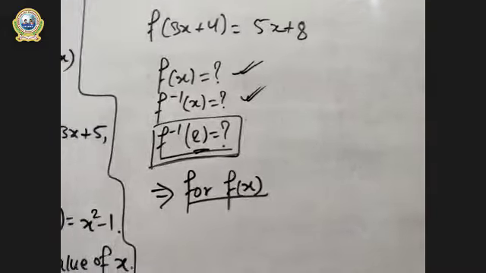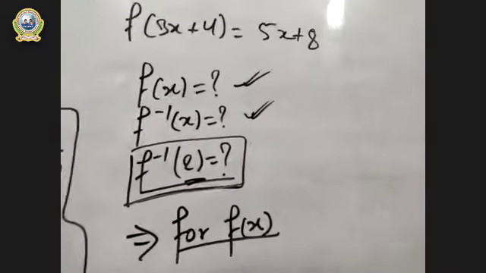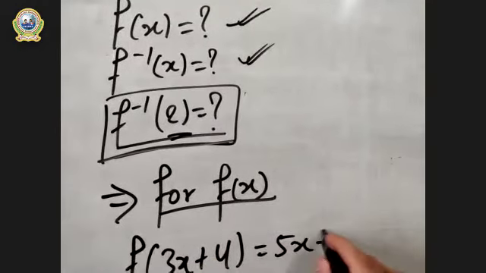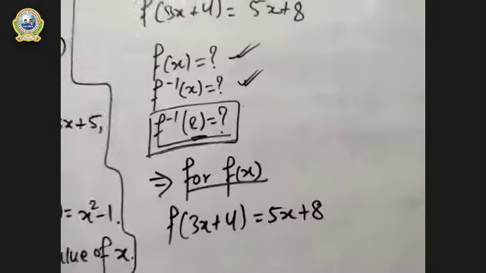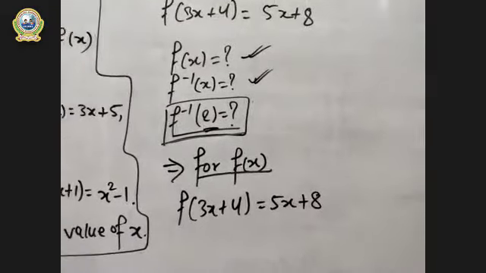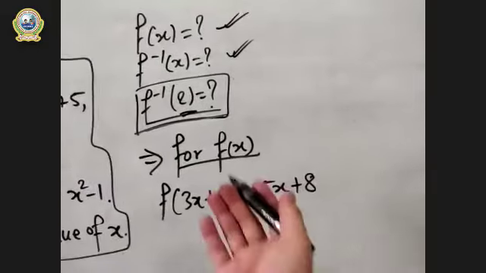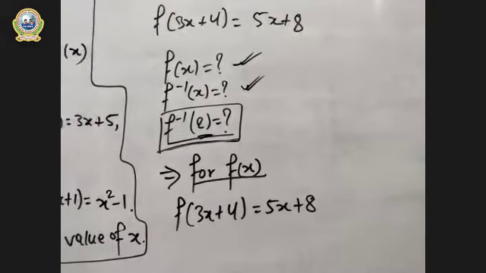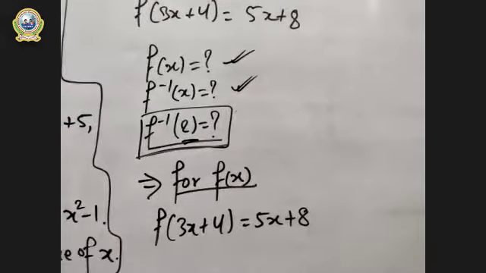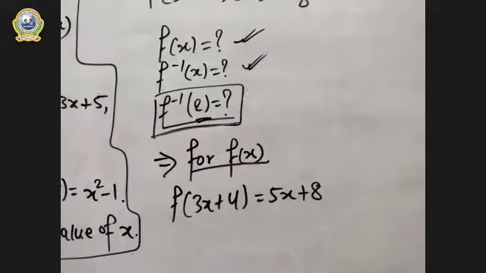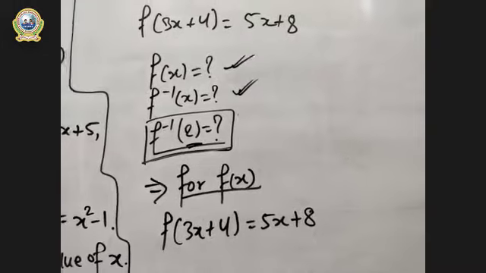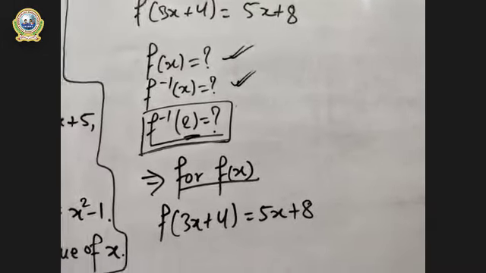Is this clear? So our given is f(3x+4) is equal to 5x+8. Obtaining f(x) from this one has many methods, about 3-4 methods in total. So I'll give you the method which has no exceptions. The method that I am giving you is 100% correct in any type of question.